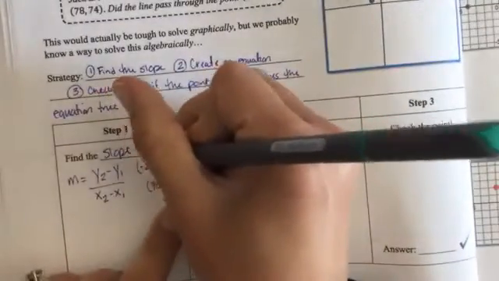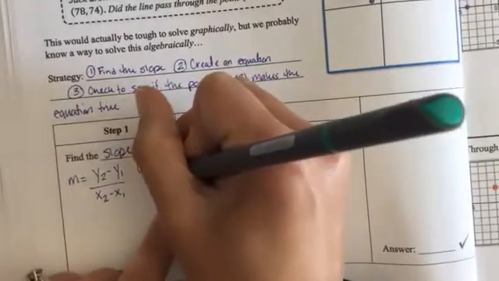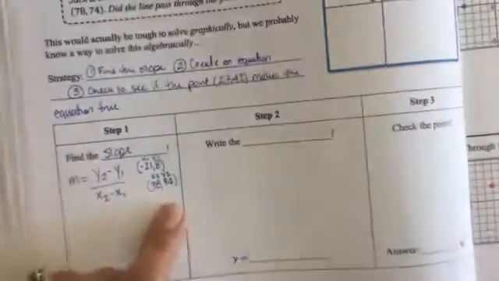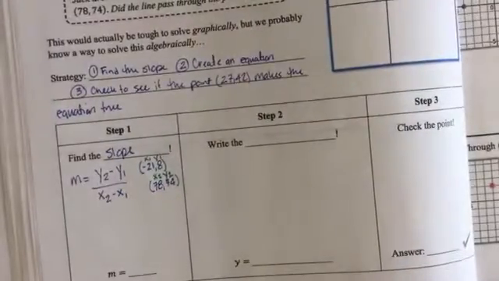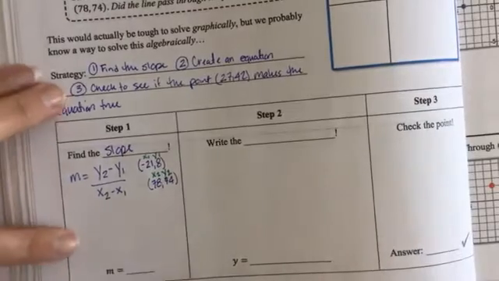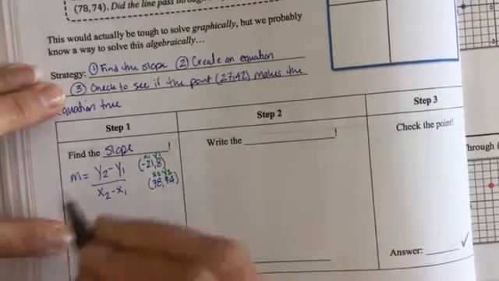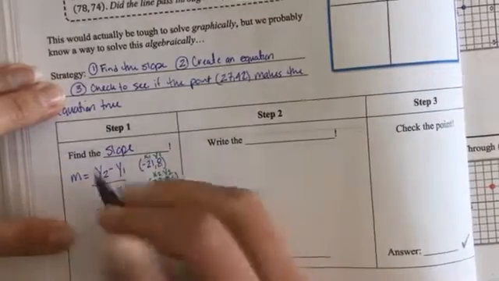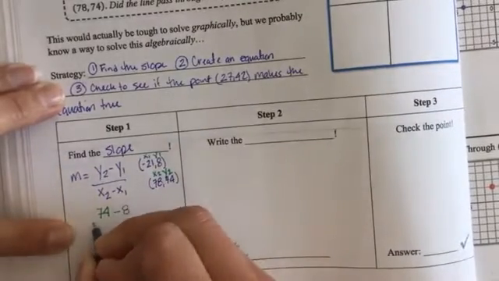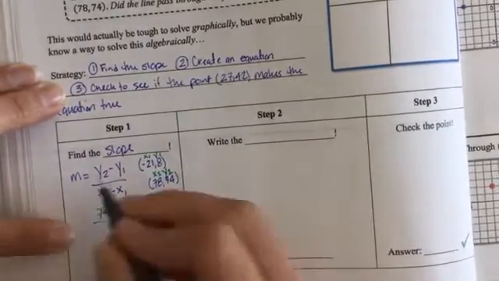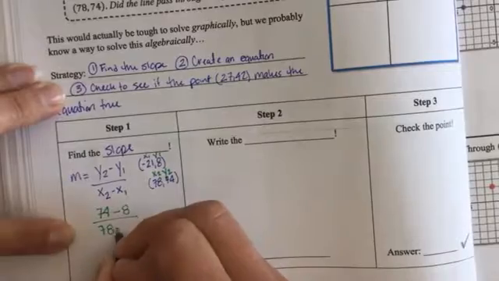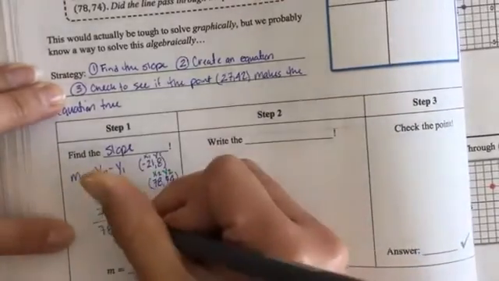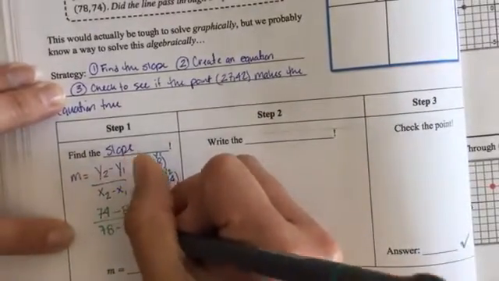So x1, y1, x2, y2. My y2 is 74. My y1 is 8. My x2 is 78. My x1 is negative 21.